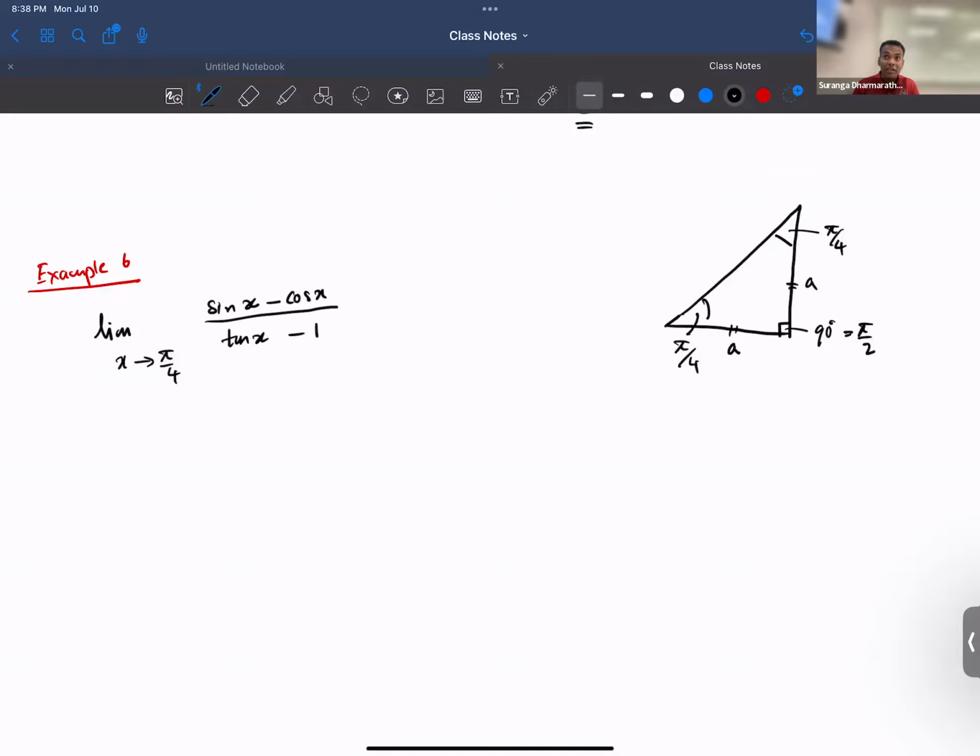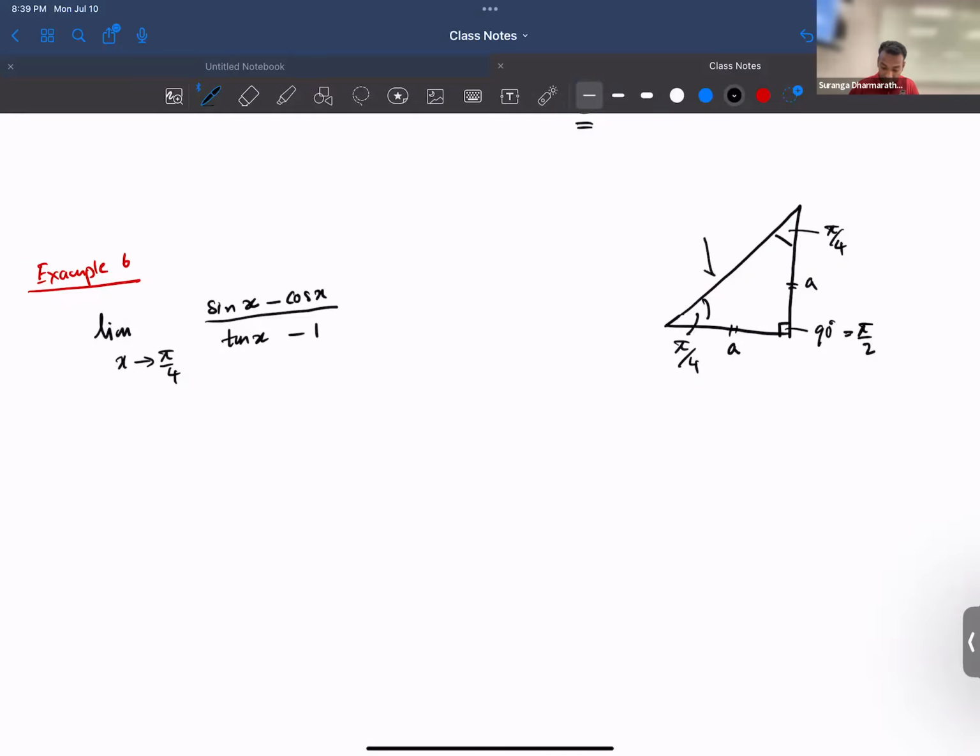So this is an isosceles right triangle, right? If this is A, what is the hypotenuse? Pythagorean theorem. What do you get? The square root of A squared plus A squared, the square root of 2A squared. So that means square root of 2 times A.